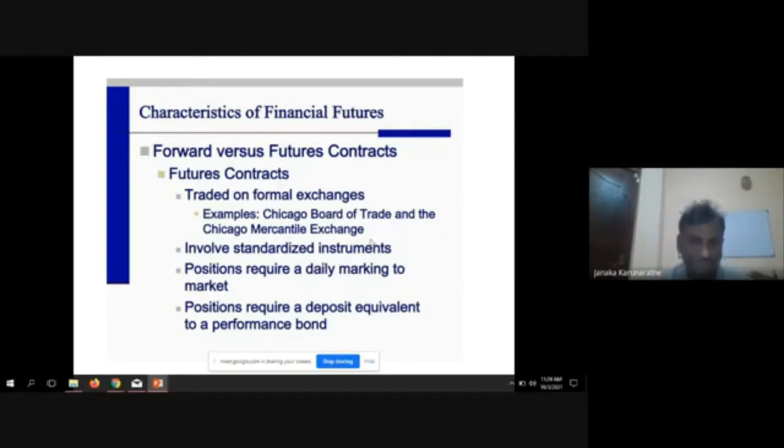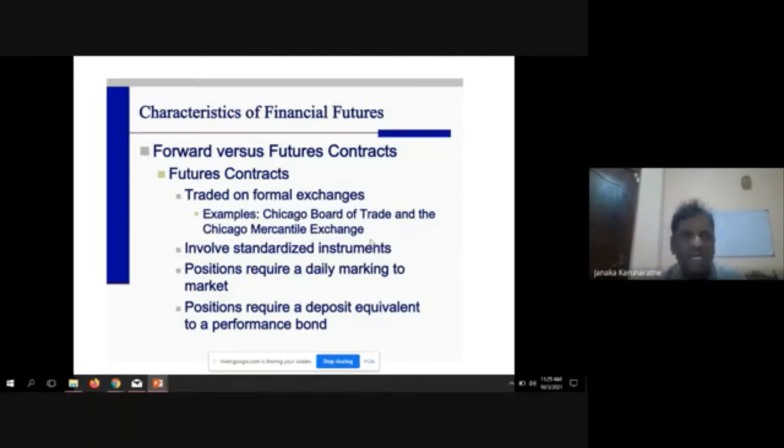Now, futures contracts are more formal because they are traded on a formal exchange. As I said earlier, the equity market is formal. You buy and sell in a market where buyers and sellers come in, and all settlements take place through the exchange.